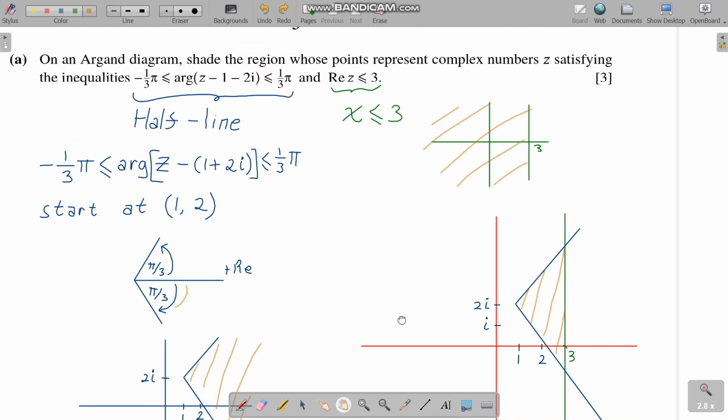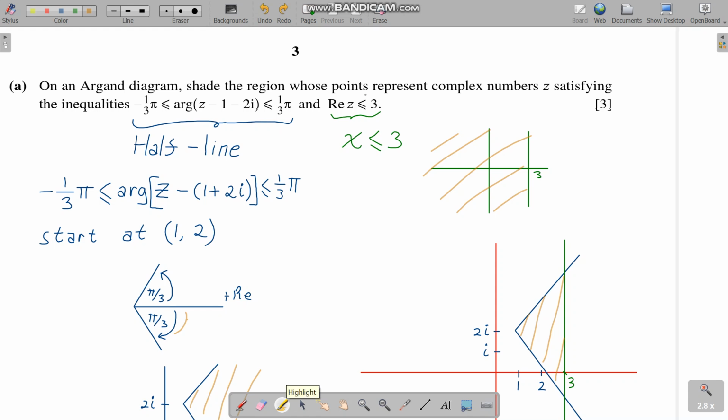Now for the real part smaller than or equal to 3. So the real axis is this axis. The real part is like the x in the Cartesian coordinates. So this means x is smaller than or equal to 3.